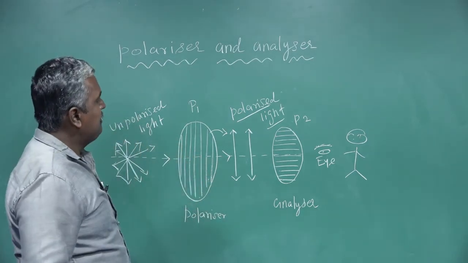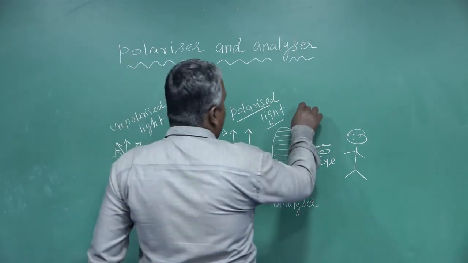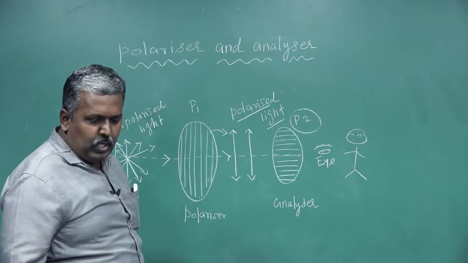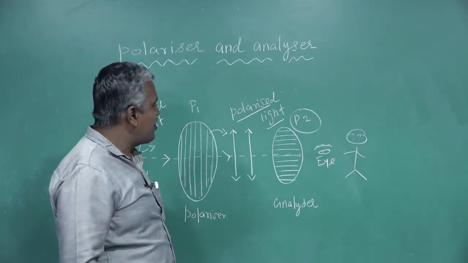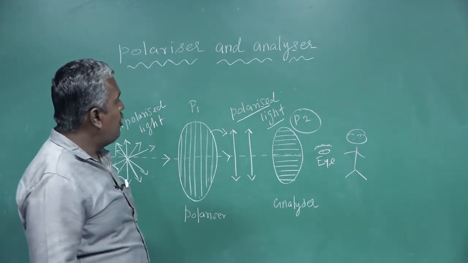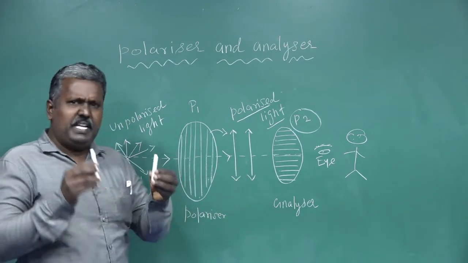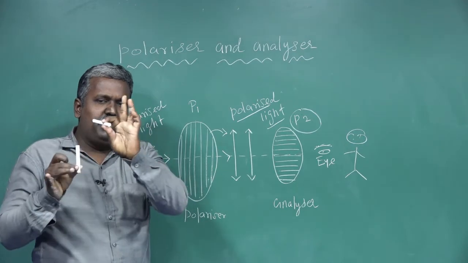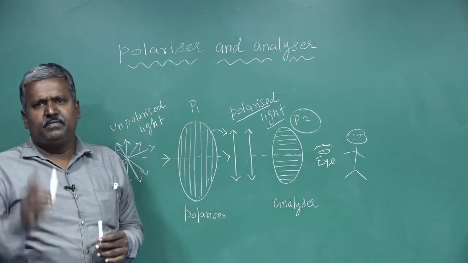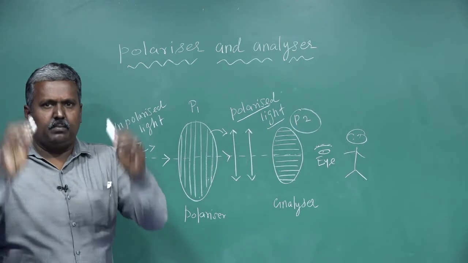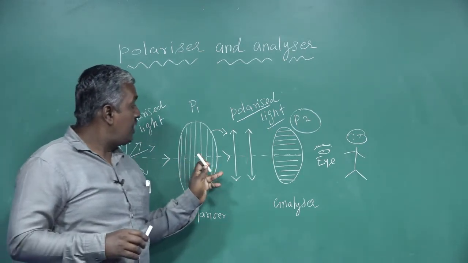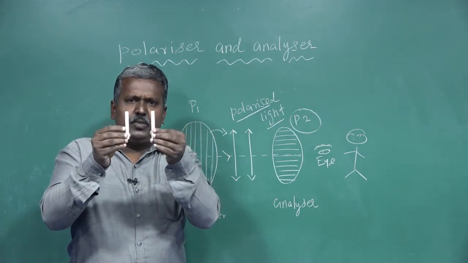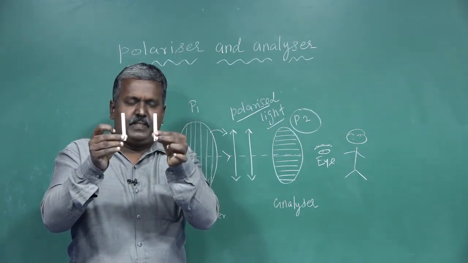Then let us consider polarizer P2. For a particular direction of P2, the intensity of the light will be maximum. For example, P1 and P2 are placed parallel to each other like this.